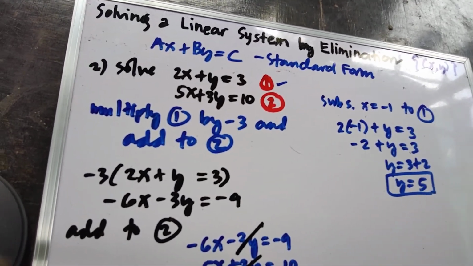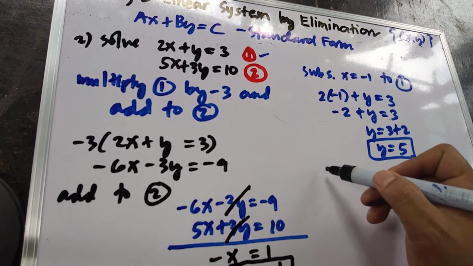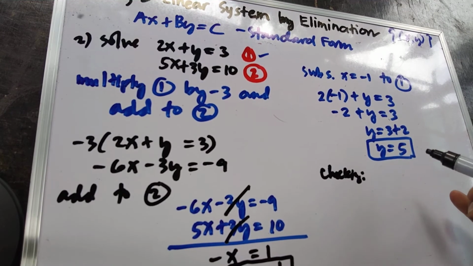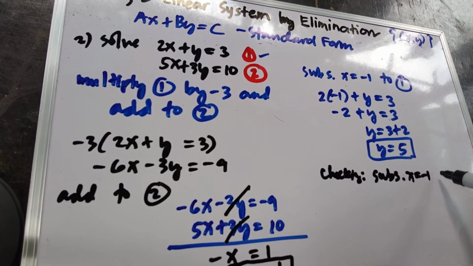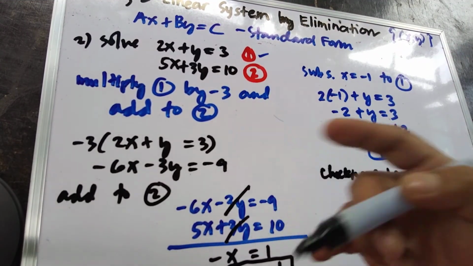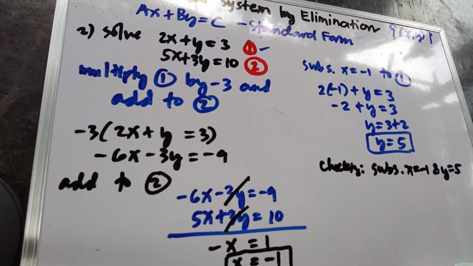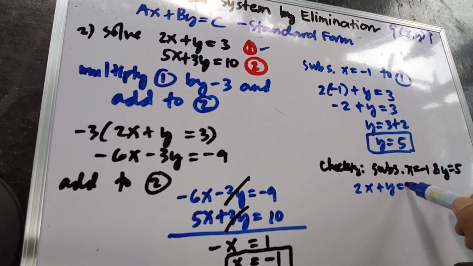Now, to check if we are correct, let's do the checking, class. We substitute x is equal to negative 1 and y is equal to 5. Suppose we use equation 1. So you have 2x plus y is equal to 3.